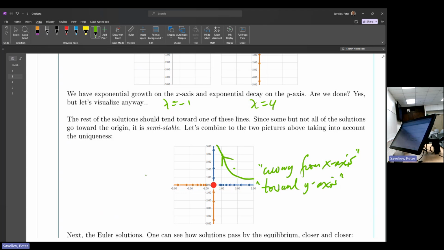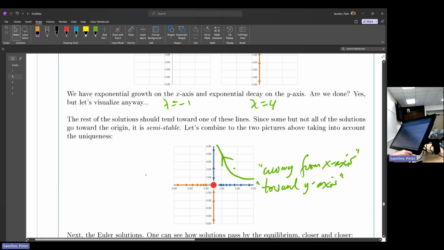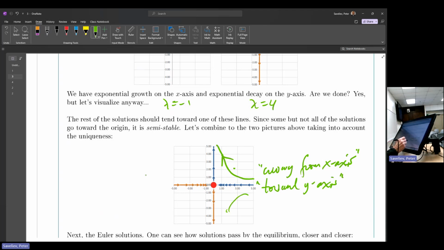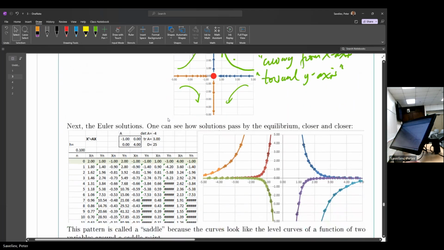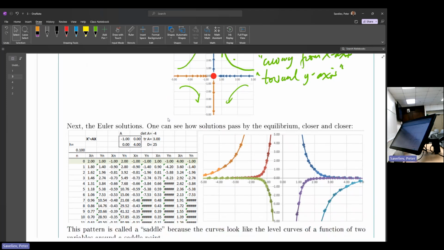And then you already know it's going to be a semi-stable equilibrium because opposite behaviors are exhibited here. Do Euler, and it gives you exactly that very easily. Here I plot about 6 solutions, and here they are.